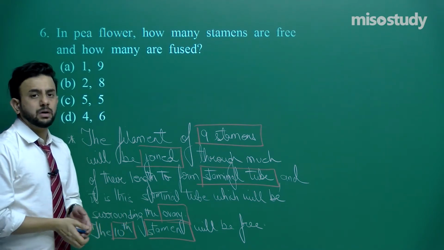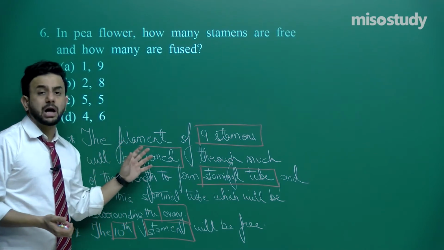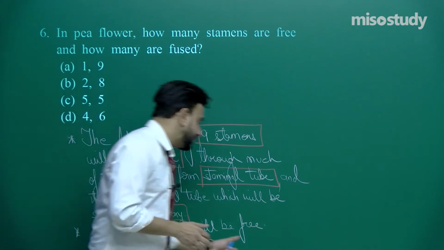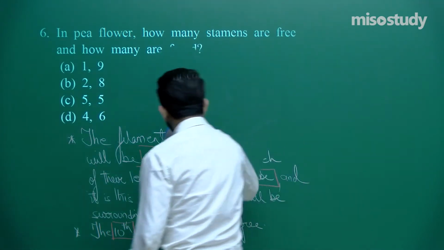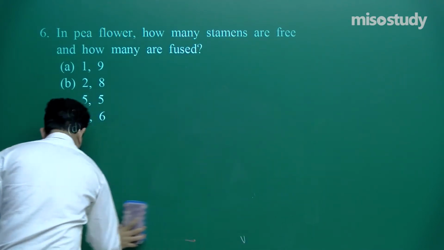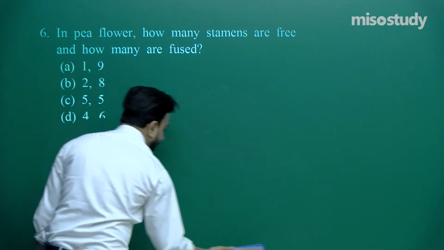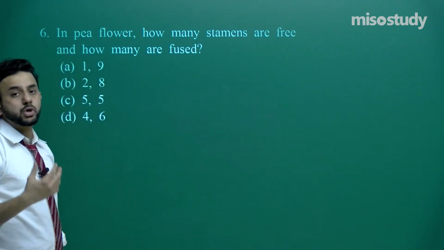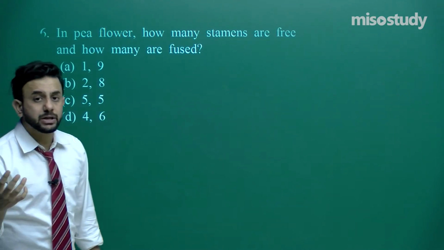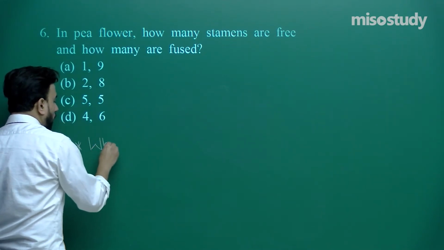Now we see one more thing. When the filaments are young, the length will be different. They will be shorter than the style, but on maturity, when the pollen grains are shed, the length increases.